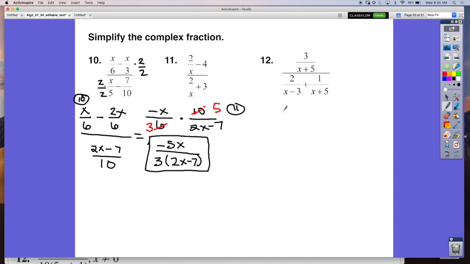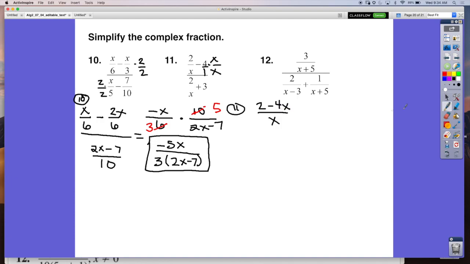Okay, let's do number 11. So notice I'm not going to even rewrite the problem because it's here. What do I need to multiply this 4 by? X over x. Good. Because that's really over 1. Okay, so it's all going to be over x. This is going to be 2 minus 4x.